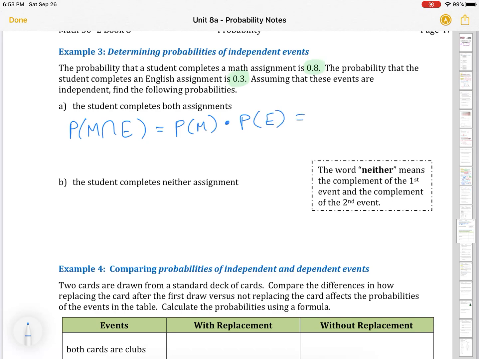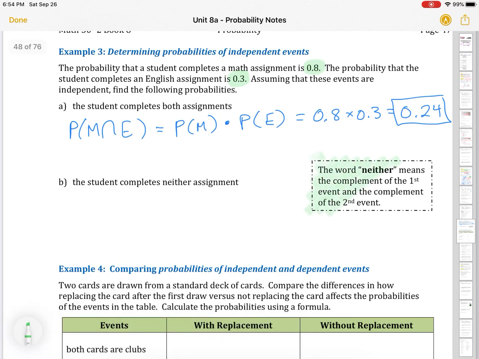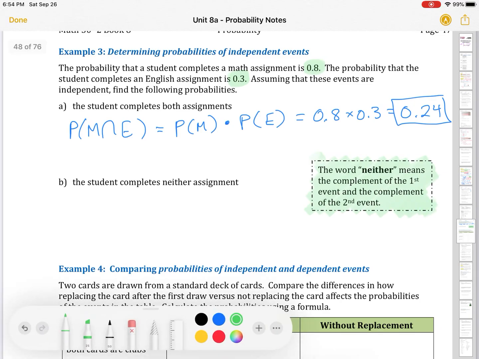The probability that they complete both assignments, so the probability that they do math and English. So we take our probability of math times our probability of English. So that would be 0.8 times 0.3, which is 0.24. So the probability that they do both is 0.24.